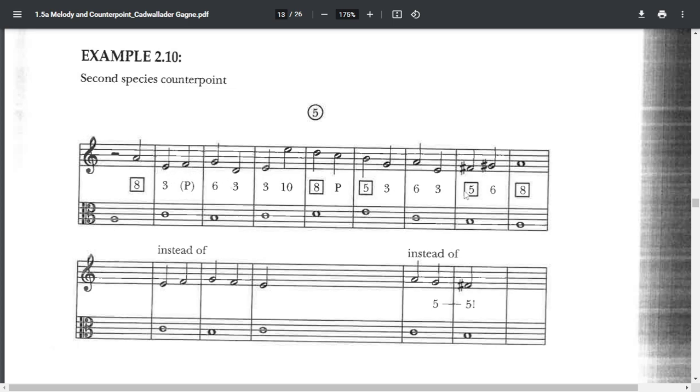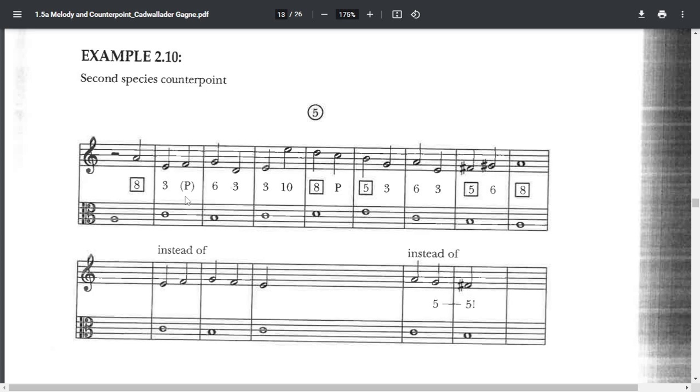On every strong beat, every downbeat for every measure, we're only allowed to have consonants, but we're allowed to have dissonance in the weak beat, the second beat of each measure. It allows for melodic variation, a little bit more dynamic control.